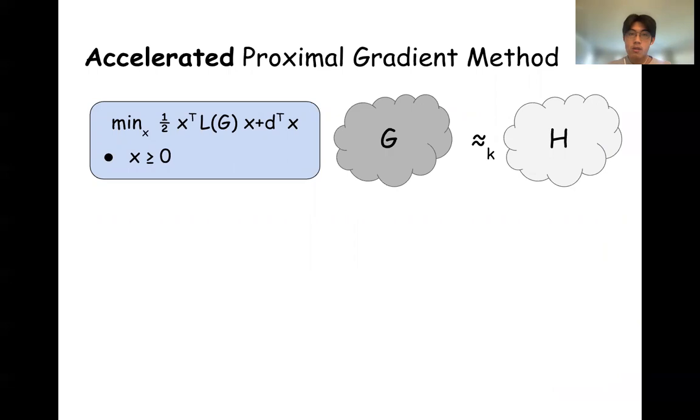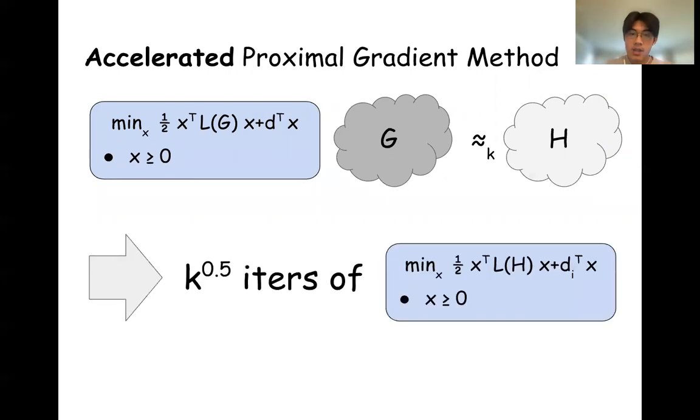Considering we are solving this flow diffusion problem on this graph G, and we are also given H, which is spectrally approximating G with quality K, this accelerated proximal gradient method shows that by solving square root K iterations of the similar problem of flow diffusion on this graph H, we can obtain a high accuracy solution on the original graph G.